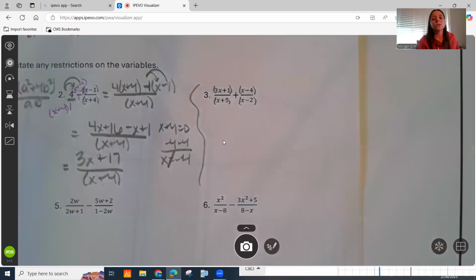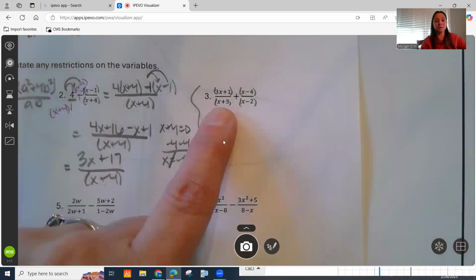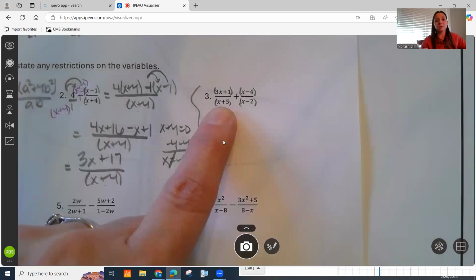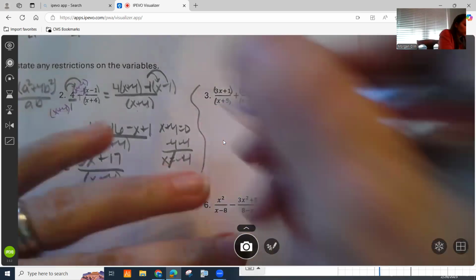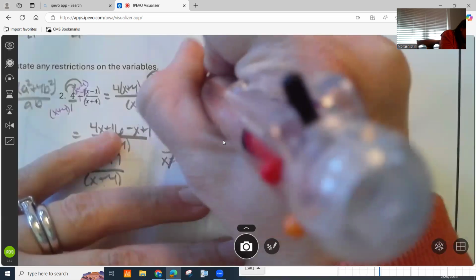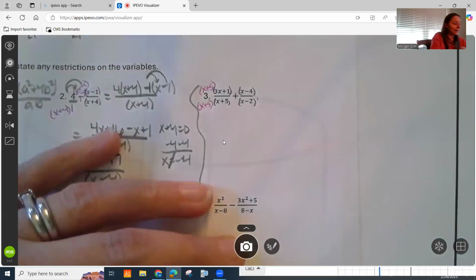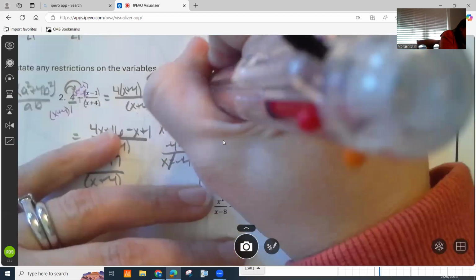All right, so here, I've got to get these to look alike. These are totally different. Yes, that has an x, but x plus 5 is totally different from x minus 2. So I need an x plus 5 here, top and bottom. I need an, oh wait, nope, I don't. I need an x minus 2, sorry.